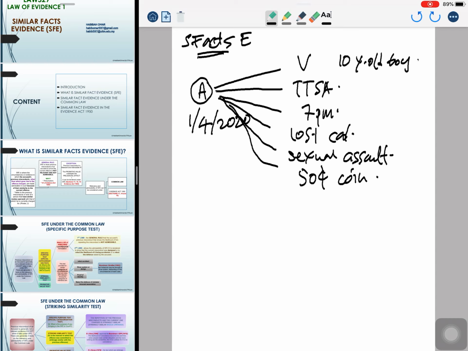We are not basically talking about the character of the accused person. We are not talking about the action per se, but we are talking about the modus operandi, how the action is being committed. So if you look at this example, you have the accused person committing the offense against a victim, a 10-year-old boy, with this modus operandi.